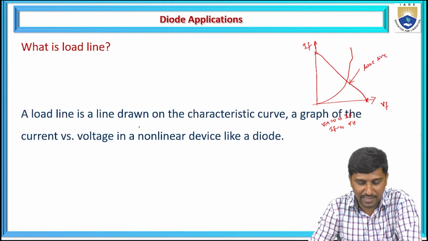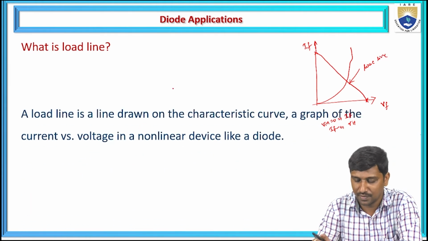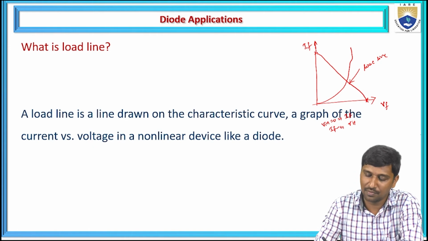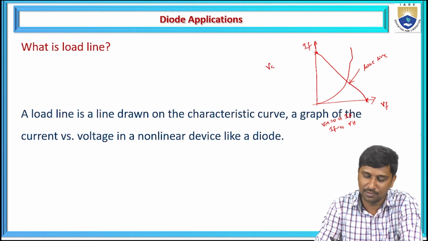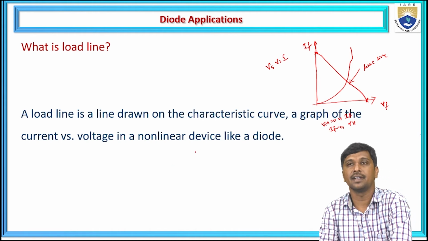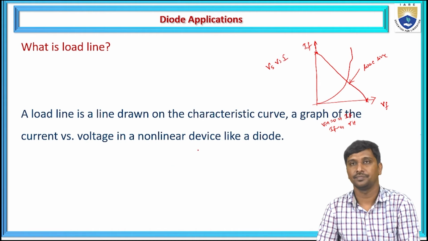So a load line is drawn on the characteristics curve, a graph of current versus voltage, meaning V versus I, in a non-linear device like a diode.